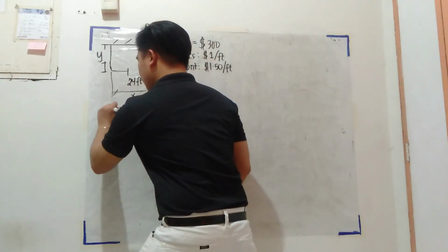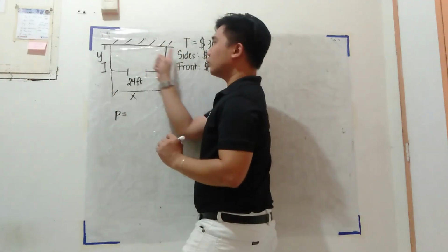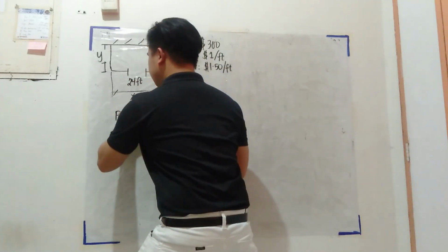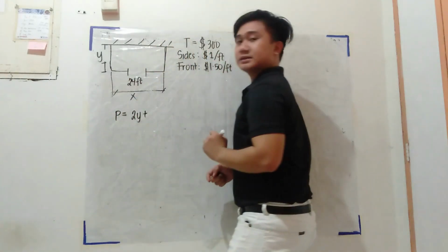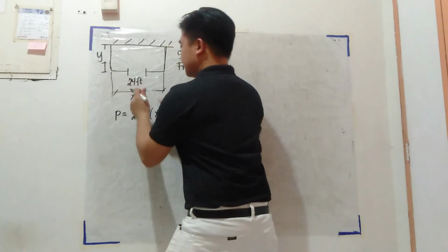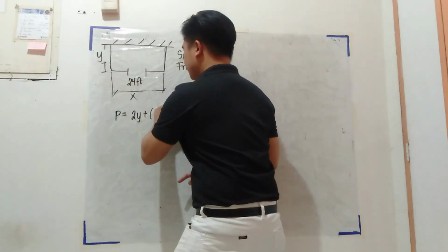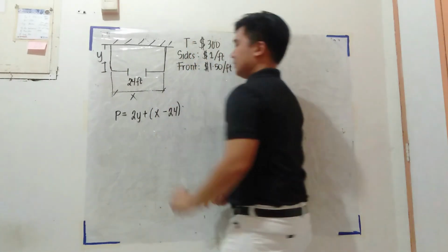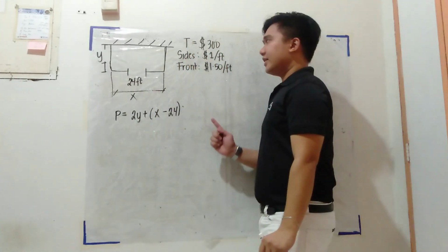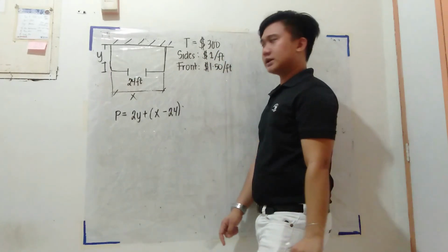Okay? So, kung kukunin ko ang perimeter, that is 2y dahil dalawang side, plus x. Kaya lang, meron tayong opening na 24 feet, so, minus 24. Okay? And then, paano natin makukuha yung total cost?